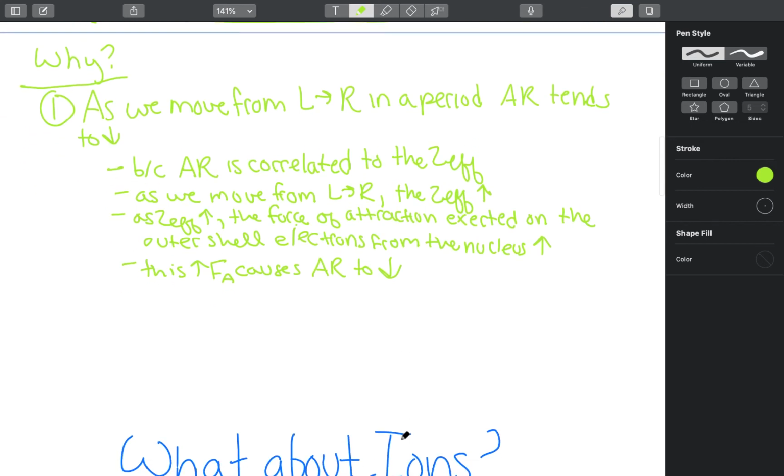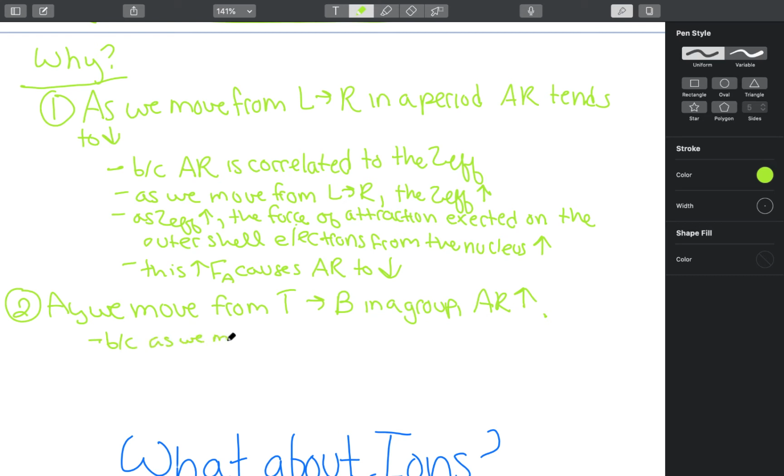Now the second rule was, as we move from top to bottom in a group, atomic radius increases. Well, why? Well, this is because as we move down a group, the principal quantum number increases.